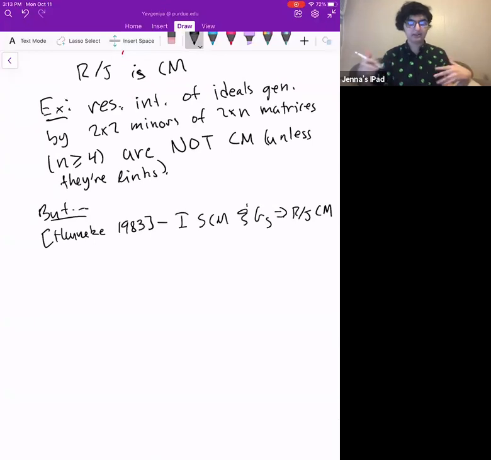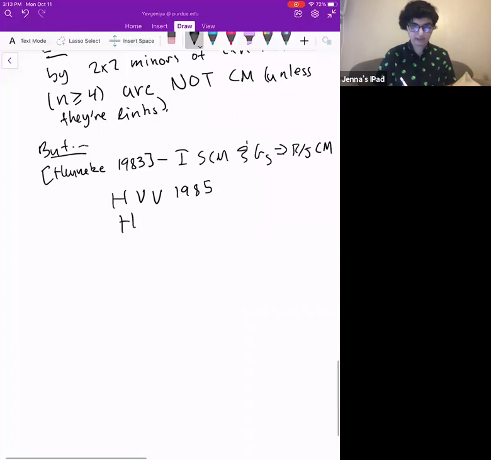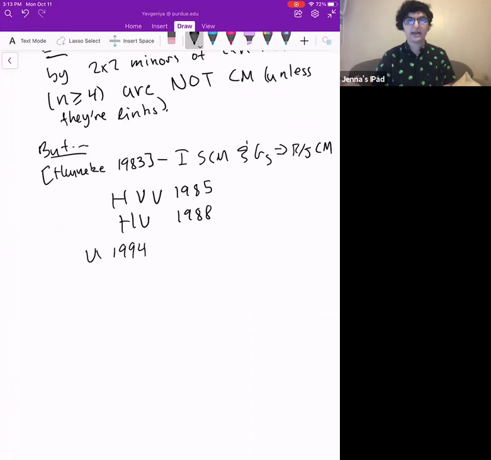And there's been research done to weaken that strongly Cohen-Macaulay assumption by Herzog, Vasconcelos, and Villarreal in 1985, and by Huneke and Ulrich in 1988. And then in 1994, Ulrich further generalized these results and found settings where one can compute the canonical module of R mod J. And that's just the tip of the iceberg.